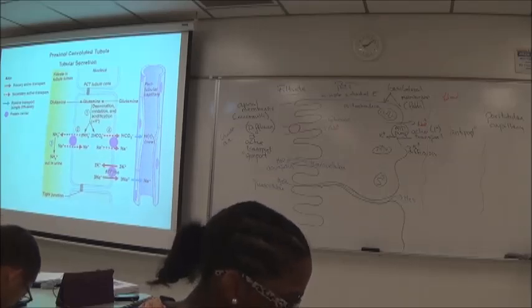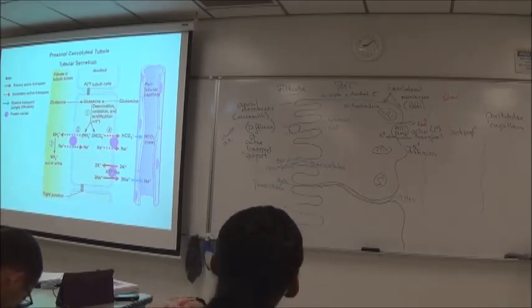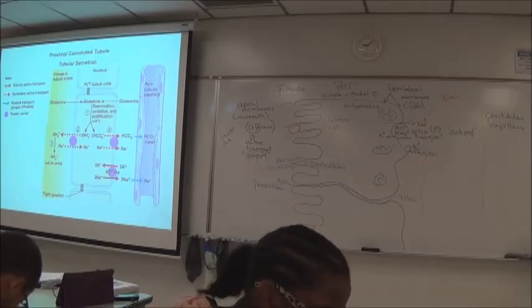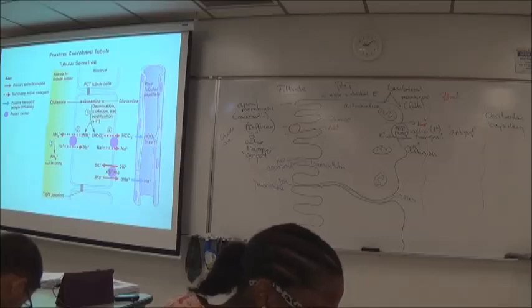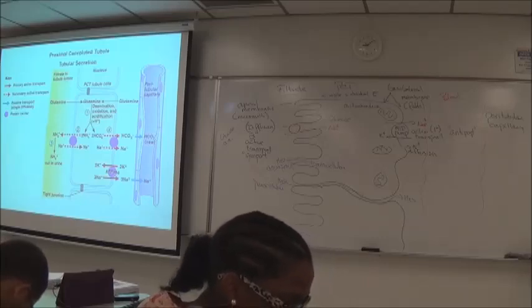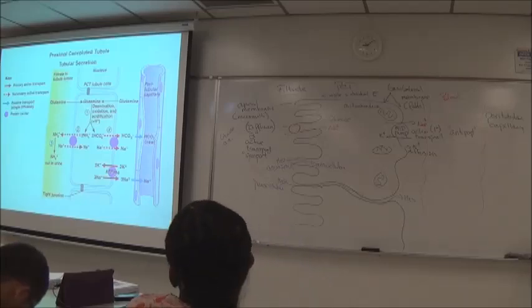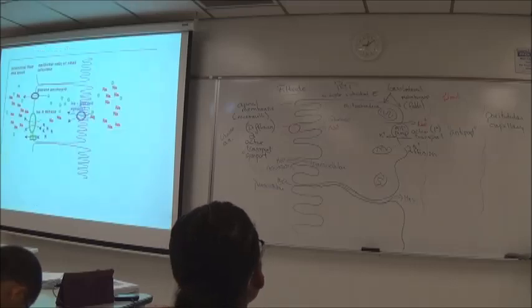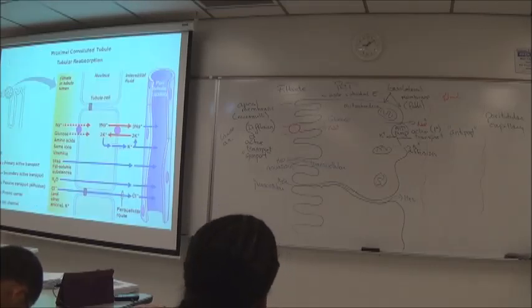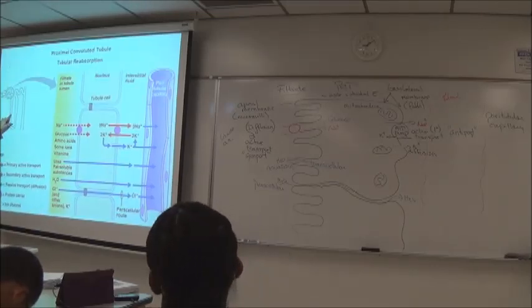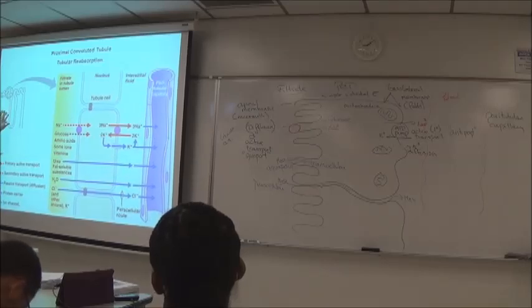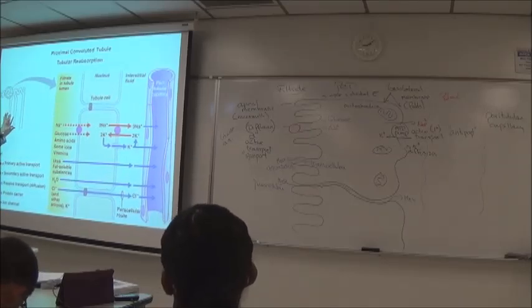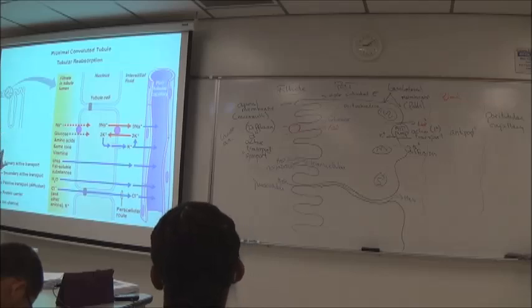So before we leave the proximal convoluted tubule today, we'll come back to it on Thursday and more on Friday. This is where we make the primary, the only changes to determine the content of what's in the filtrate. By the time the filtrate leaves the proximal convoluted tubule, all right, and enters our descending limb, what is actually going to be in the filtrate is already determined, not how much.